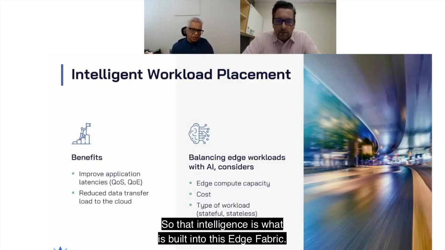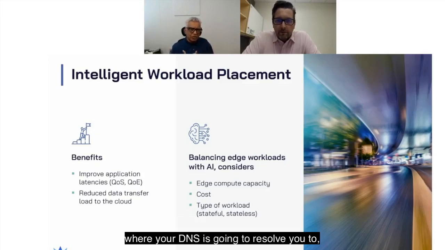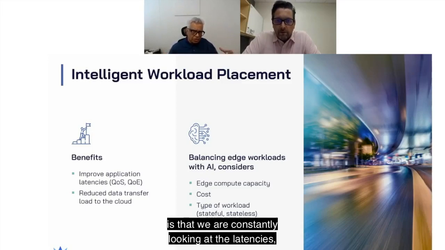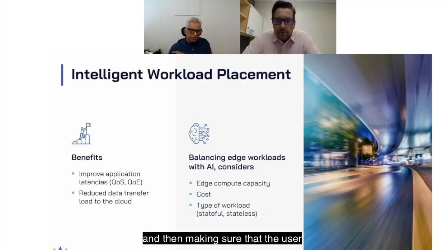So that intelligence is what is built into this Edge Fabric, and it all begins with, for example, where your DNS is going to resolve you to. And that needs to be done correctly. The way we do it for this Edge Fabric is that we are constantly looking at the latencies and then making sure that the user is sent to the appropriate edge.